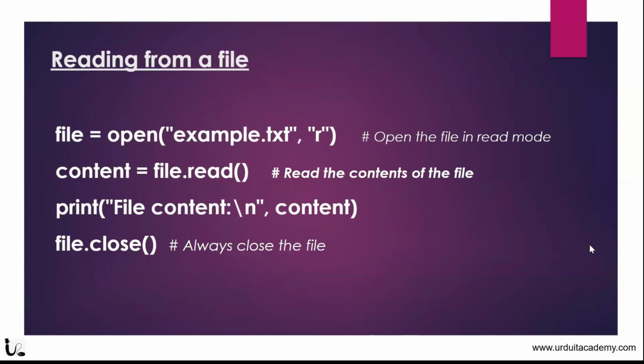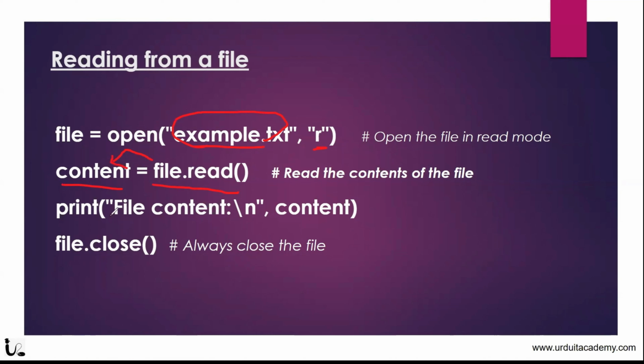All right. Now let's see how we can read something from a file. To read something, obviously, first we have to open the file. Just like in the last program where we opened a file for writing, here we are opening this file example.txt to read content from it. I'm creating a variable content equal to file.read, which means we are opening this file example, reading the content, and it is stored inside the variable content.